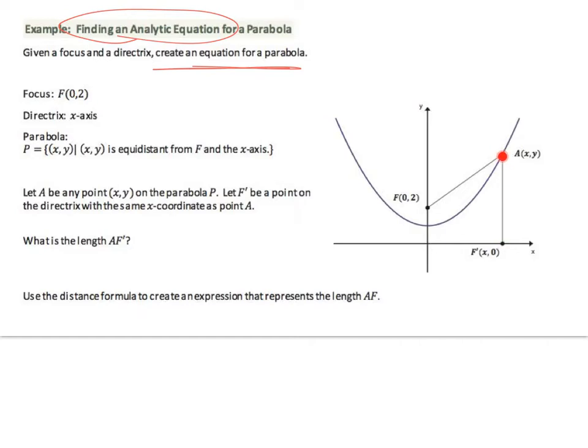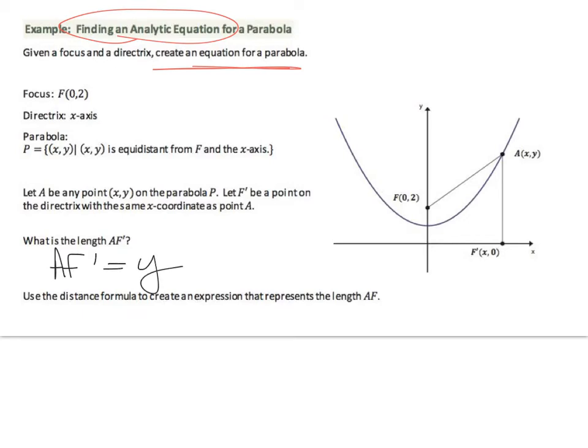If we look, A is here, F prime is there. The distance here is a vertical line, which is going to be y. No matter where this point is, even if it goes up, it's the length of y, which would be the y-coordinate of our ordered pair. So AF prime equals y.